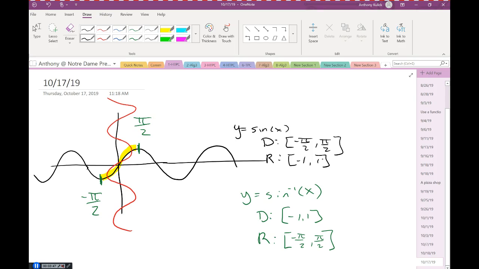We do something similar for cosine and tangent. And this is all spelled out in the text there, what the domains and ranges are for those other two inverses. So for cosine inverse, the domain again is -1 to +1, and the range is 0 to pi.